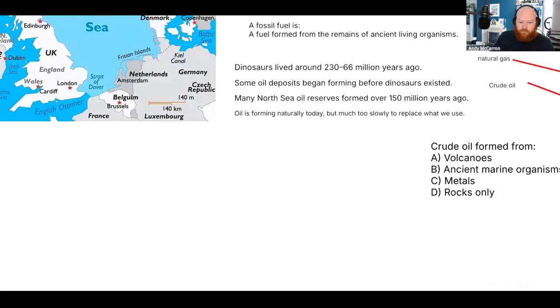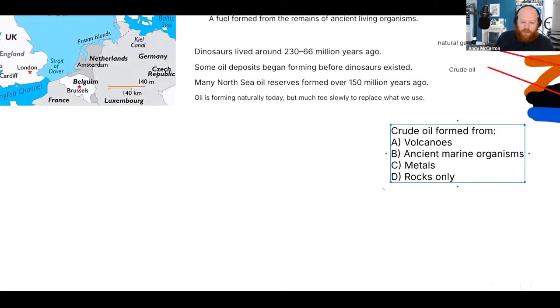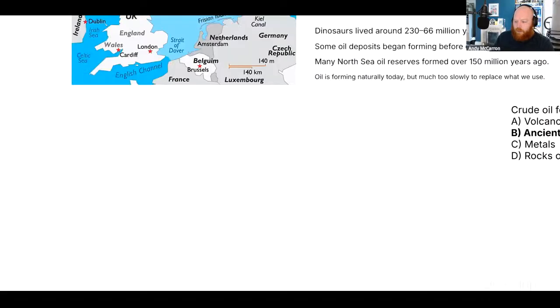Now, if you did get it, it was of course B, ancient marine organisms. There we go. So the next thing we can look at is, well, what is crude oil? We've said what makes crude oil, so let's now look at what crude oil is.